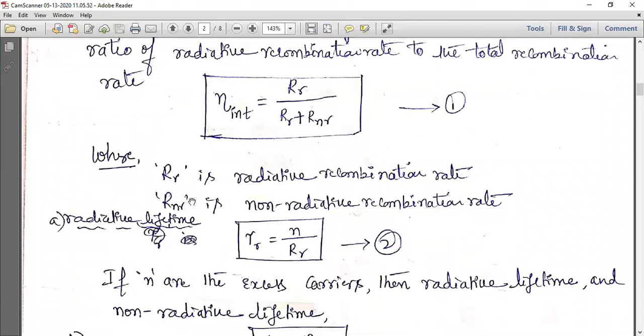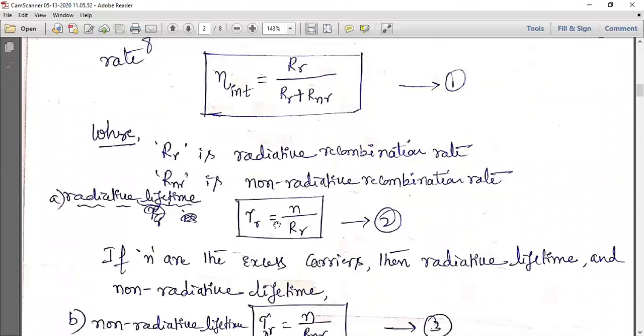Radiative lifetime. The radiative lifetime is given by tau_R equals n by R_R, where R_R is the rate and tau_R is the radiative lifetime. So the time for which radiative recombination will be present is given by this. It depends on the excess carriers present.